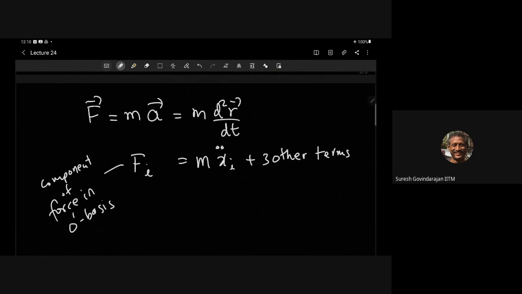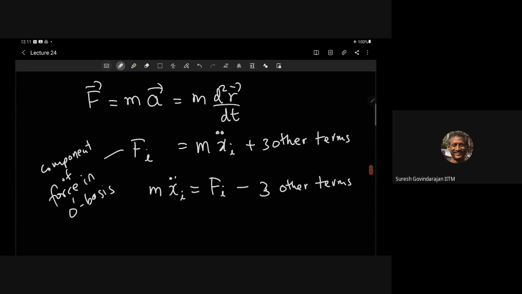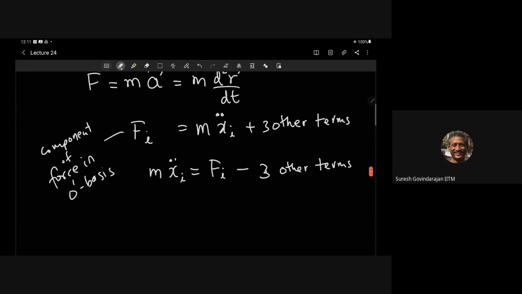So what people try to do is to rewrite this as m xi double dot equal to Fi minus three other terms, the same terms with a minus sign. Okay, so now they have pushed it to the right hand side, and so these are called pseudo forces.